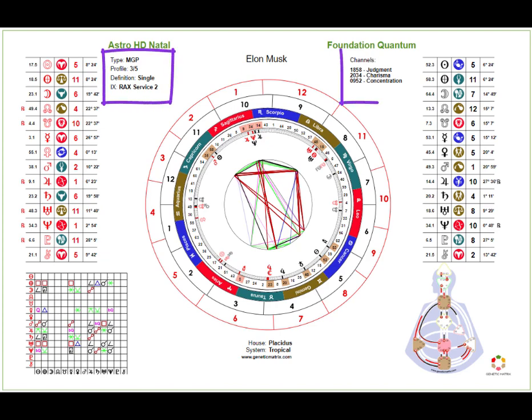So we have the type, pure manifesting generator, and you can see that now in a body graph with this charisma channel and his responding sacral authority. His profile is a 3/5. Definition single, with this right angle cross of service 2 incarnation cross. It's the second variation of the service cross because the sun is in the 52, which is in the quarter of civilization or form.